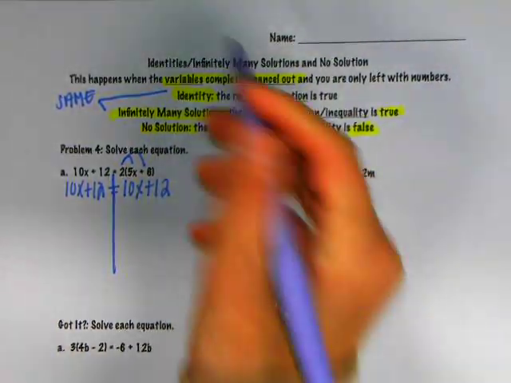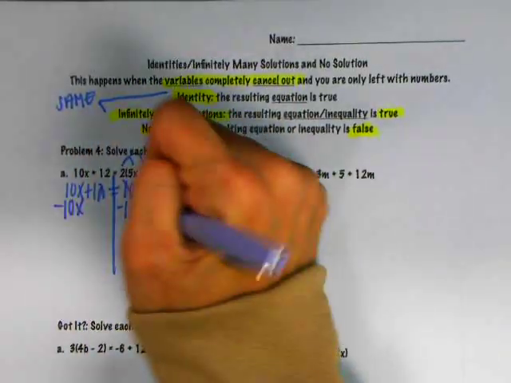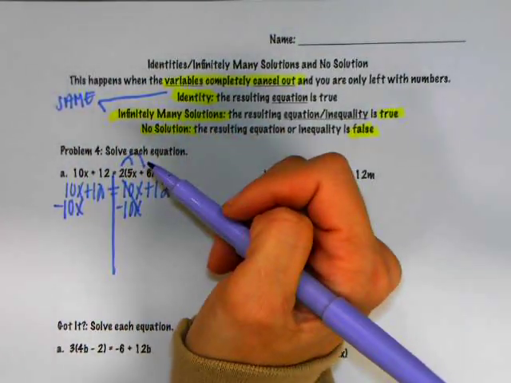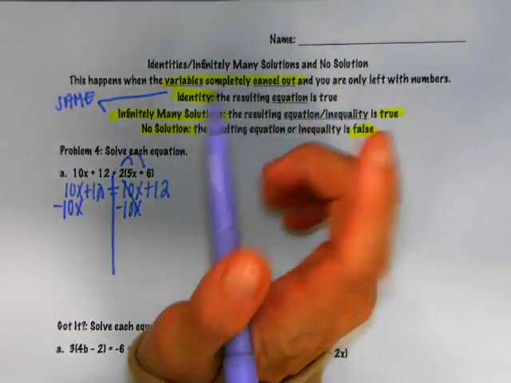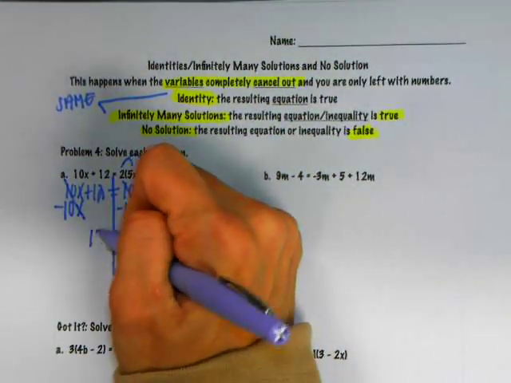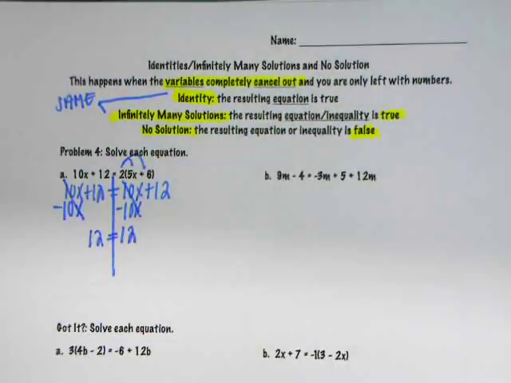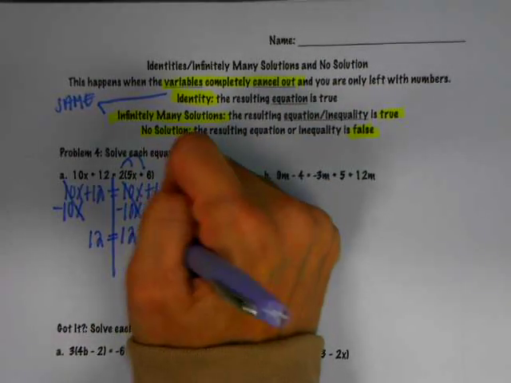So how would you move 10x? Yep, minus 10x. Okay, so what's 10 minus 10? 0. So does that mean I just put x? No, that's 1x, right? x is just 1x. 0 means nothing. Gone. So you end up with 12 equals 12 left over. So you have to figure out, is that true or is that false? Does 12 equal 12? Yes, that's true.